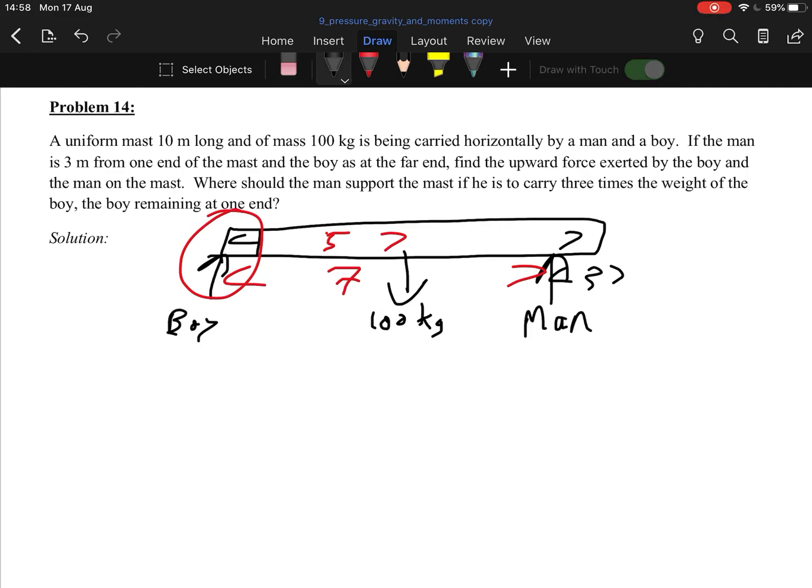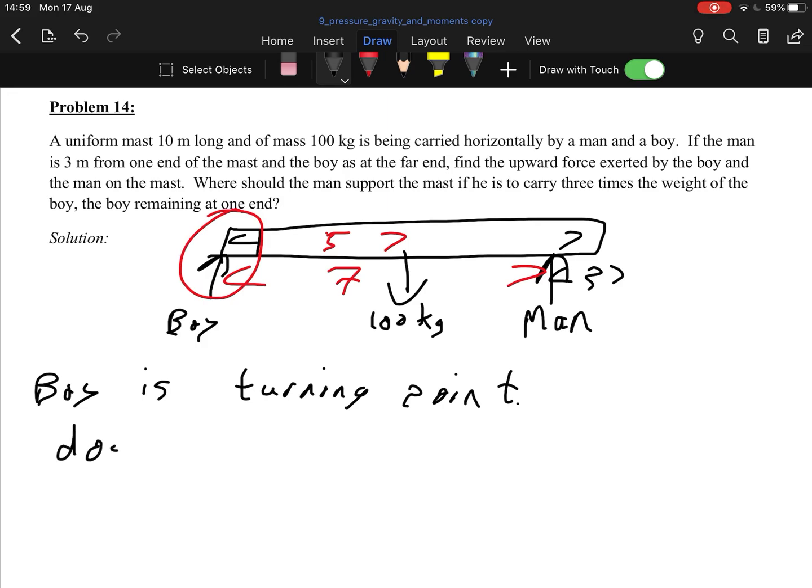So therefore, the boy is the turning point. So we've determined that, okay? So therefore, what we'll say is the down moment is going to be the force times distance.